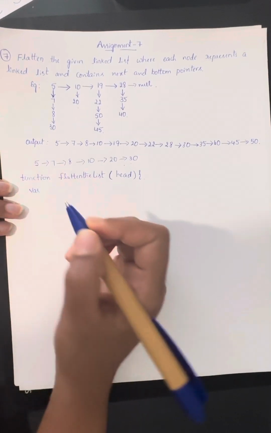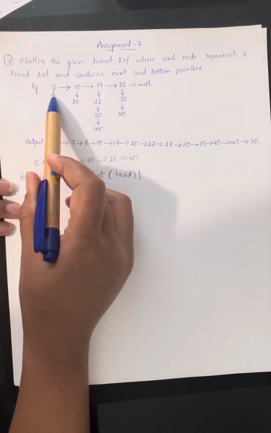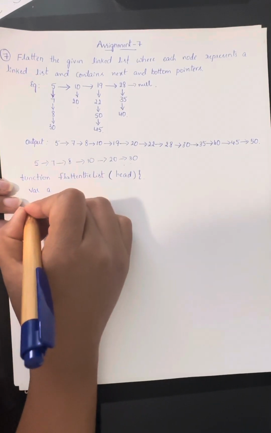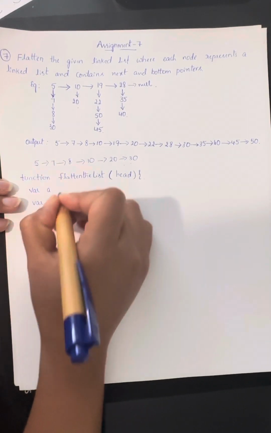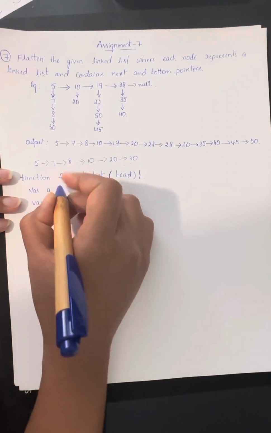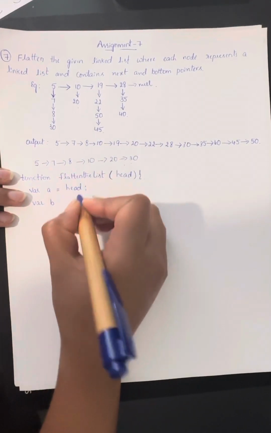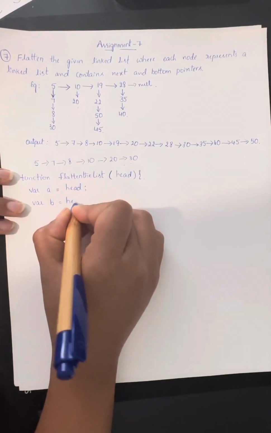First we need to start with merging two nodes, for which I am declaring two variables, a and b. In the variable a, I am assigning head, and in the variable b, I am assigning head.next.